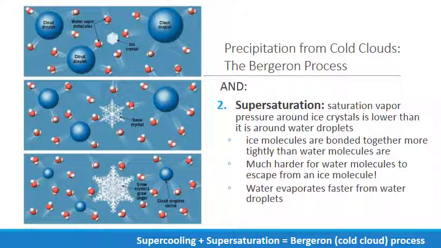The Bergeron process can produce precipitation throughout the year in the middle latitudes, provided that at least a portion of the cloud is cold enough. So it has to be a minimum of minus 15 degrees C to generate ice crystals. It could be colder than that.